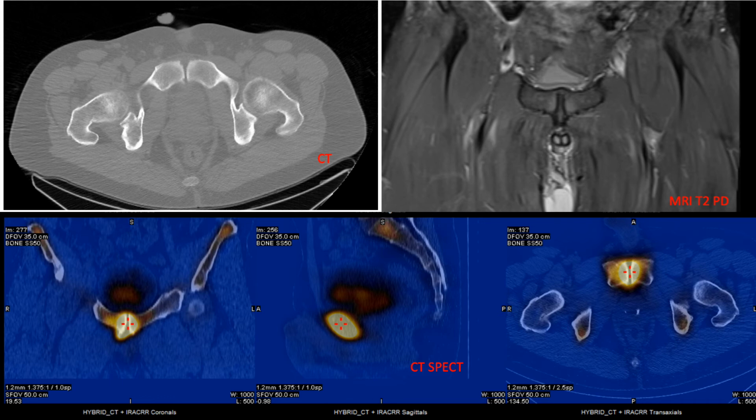So this is another way to make the diagnosis. And we can see very intense uptake of radioactive isotope into the bone here in a patient who had symptomatic instability around the symphysis pubis and in the adjacent bone.